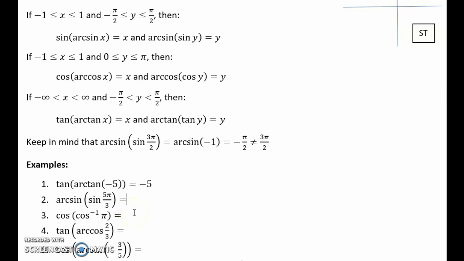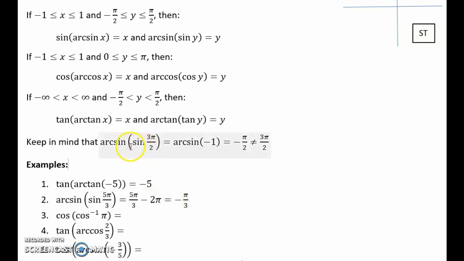So one way you could think of this is 5 pi thirds minus 2 pi. Remember, coterminal, we just add or subtract 2 pi until we're within the window. Well, what is that? That is negative pi thirds. Is negative pi thirds within our window of negative pi halves to pi halves? It is indeed.